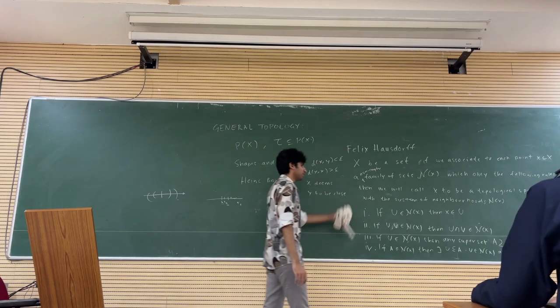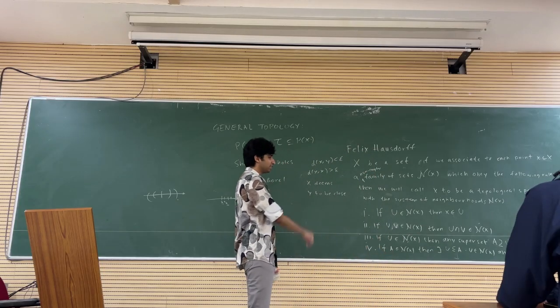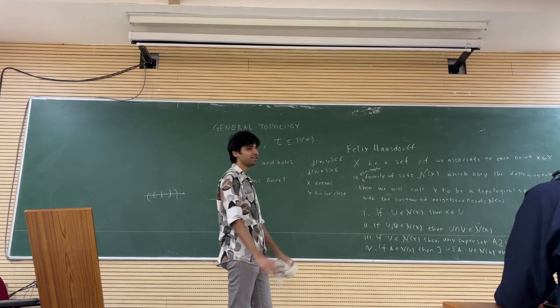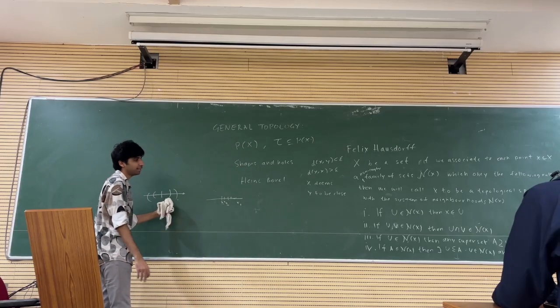So these are the axioms which he puts, and he says this is topology. And why does this work? The definition of continuity works perfectly, and it subsumes all the features which you see in real life.